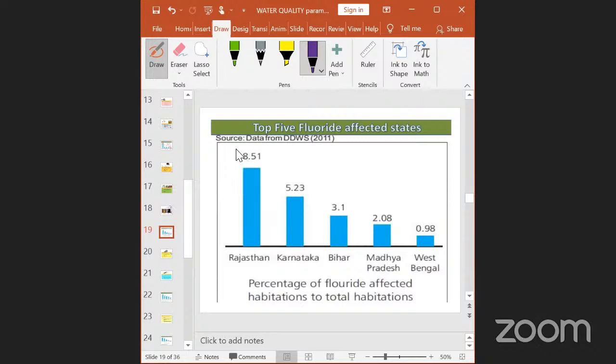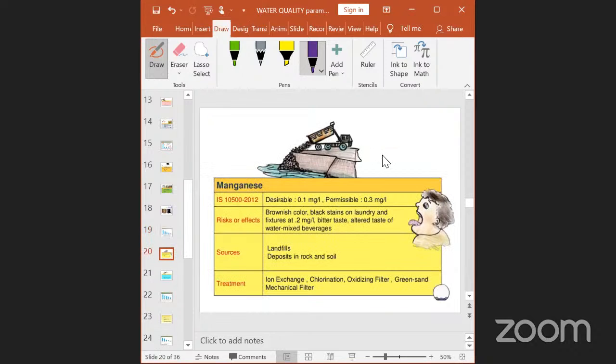In this top 5, the highest is 8.51, in Rajasthan, and West Bengal is lowest, that is 0.98. These are the 5 most affected states in the year 2011.